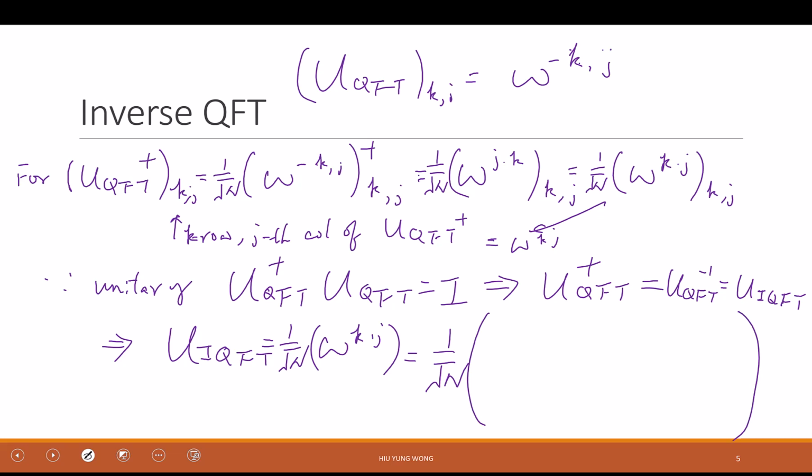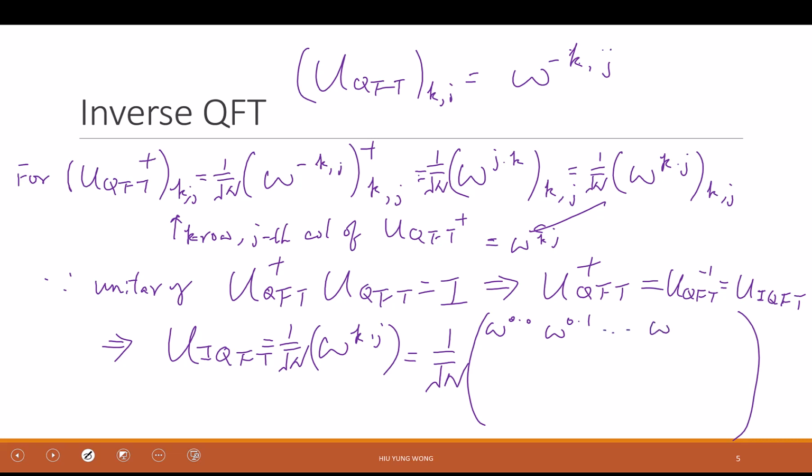This is just equal to omega 0th row times 0, omega 0th row times 1. Because now it's the jth column, right? Due to the way I wrote it here, j becomes the column. Okay, so k is the row. At the beginning, I defined k as the row, right? jth is the column.